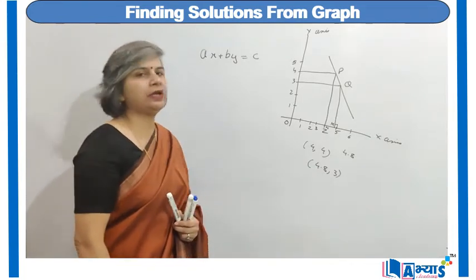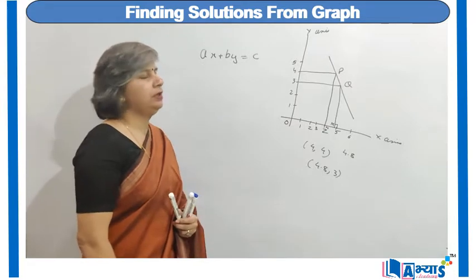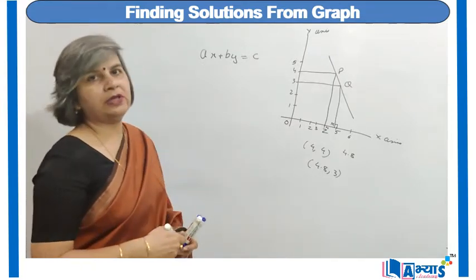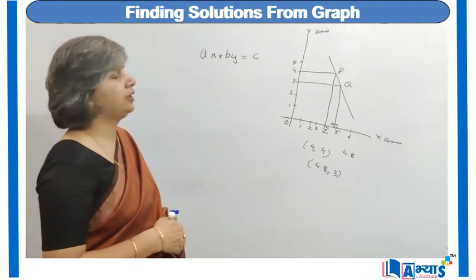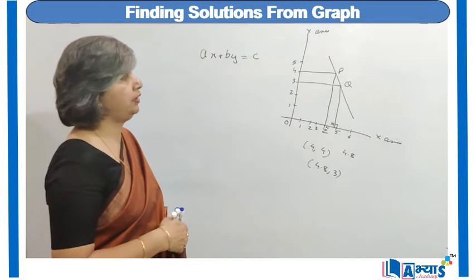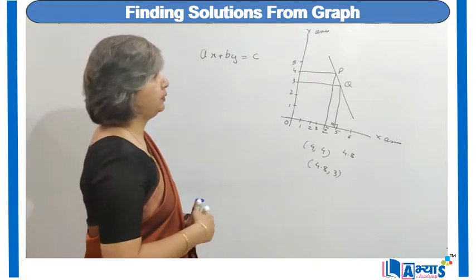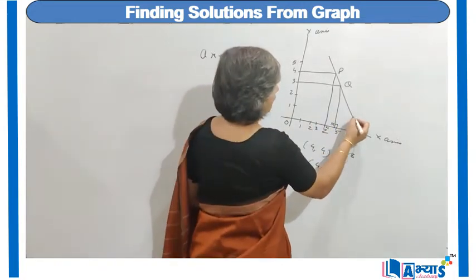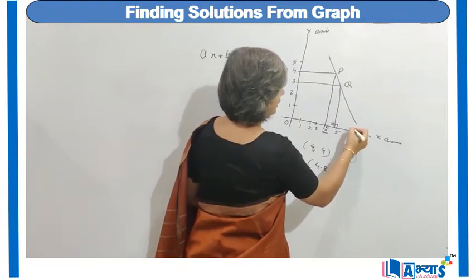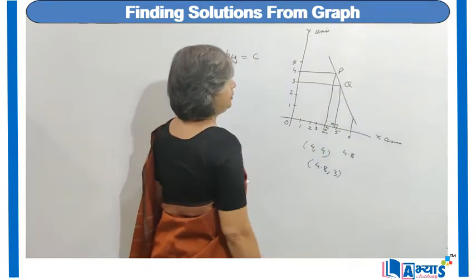So this is how we can find the solutions from the graph that has been plotted, and for different values of y we can find the value of x. Similarly, for different values of x we can find the value of y. For example, if I try to find the value when x is equal to 6, from this point I will take a line parallel to the y-axis.